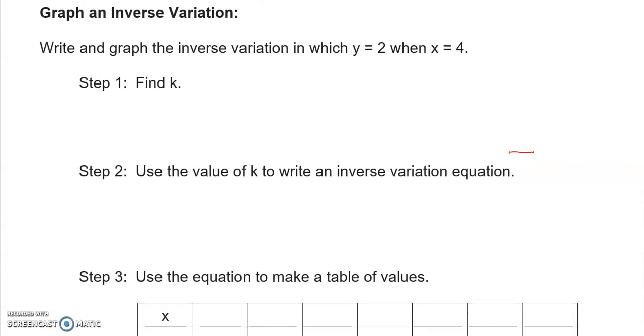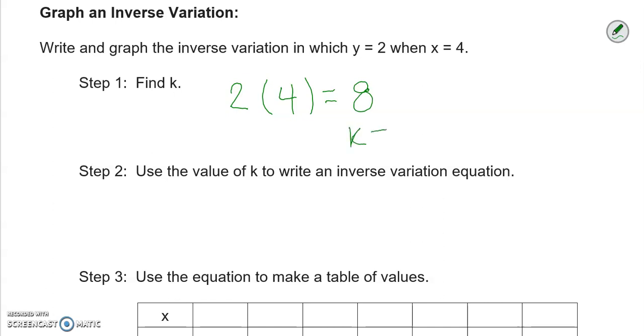So now we're going to try and graph an inverse variation in which y equals 2 and x equals 4. We said to find k that we could just multiply y and x together. So we have 2 times 4, that equals 8, so k equals 8.